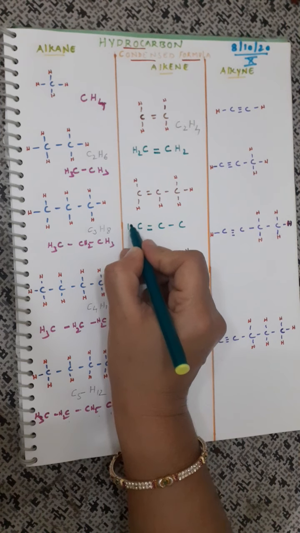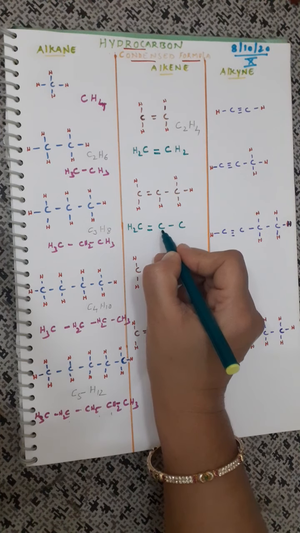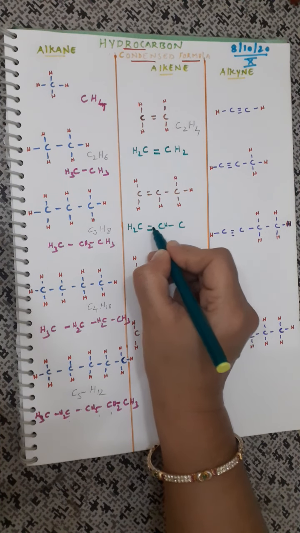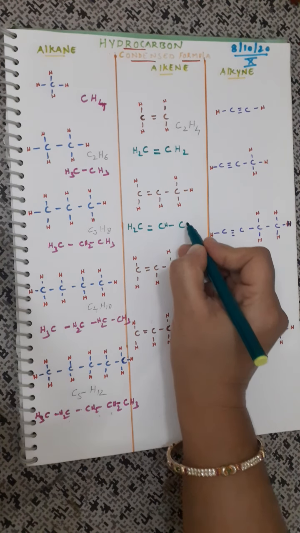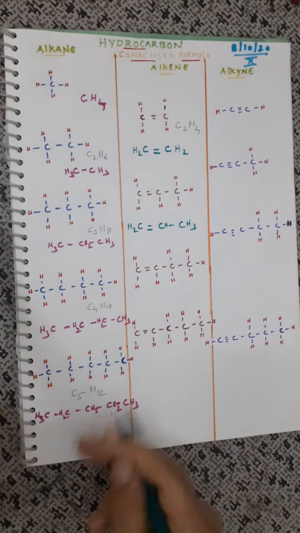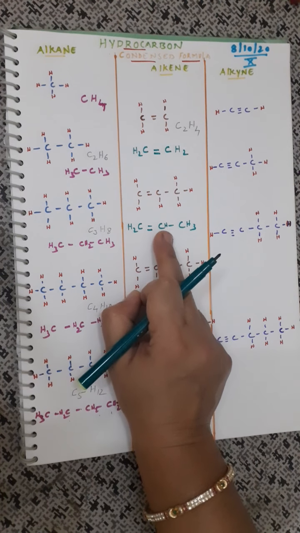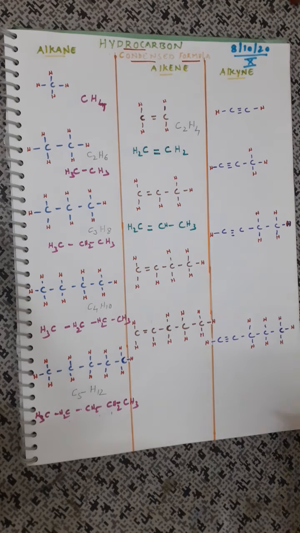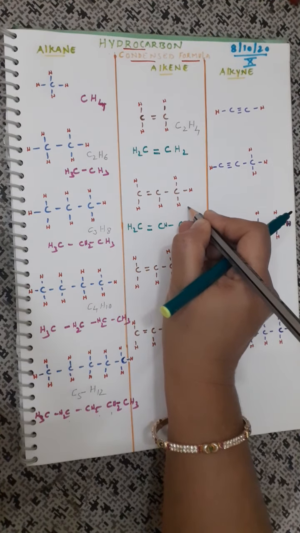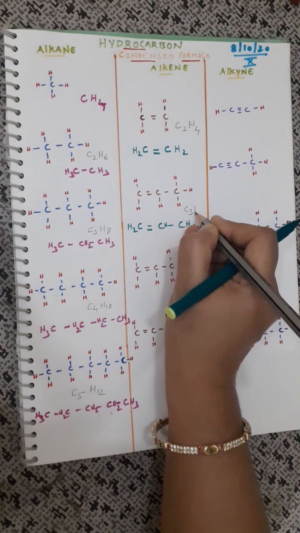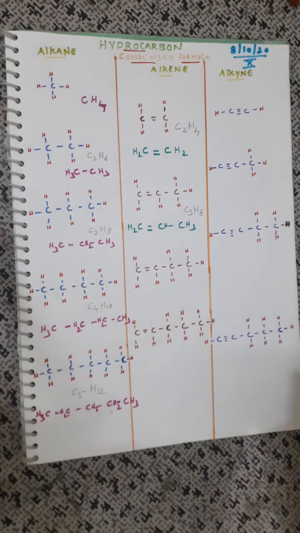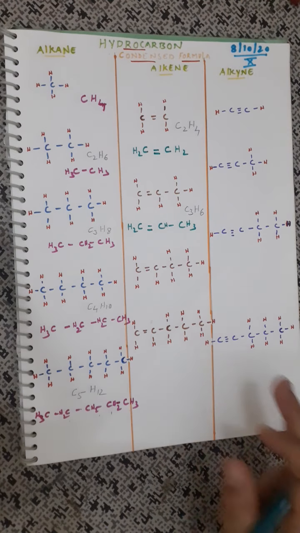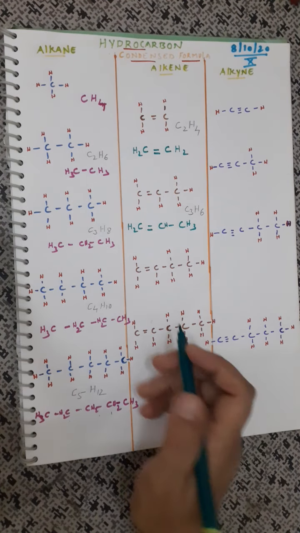First carbon how many? 2. Second carbon how many? Only 1. Third carbon how many? 3. So CH2 double bond CH CH3. So what would be the formula? C3H6.